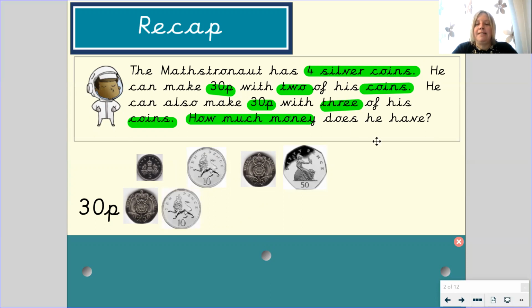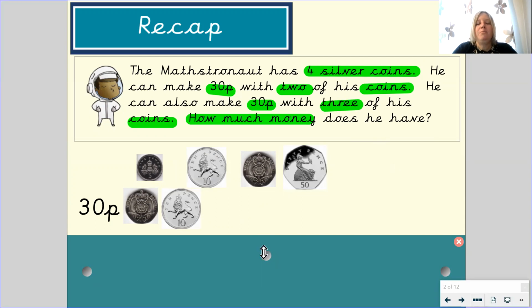So let's go back to the problem and look at the next part of the problem. He can also make 30p with 3 of his coins. Pause your video and have a go at making 30p using 3 of the coins.